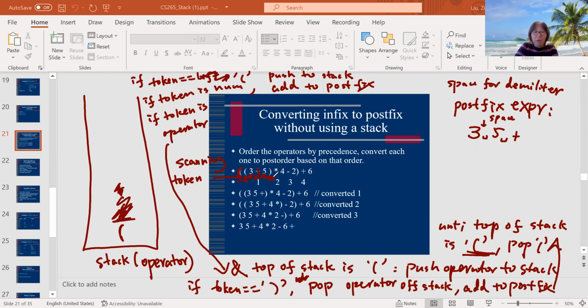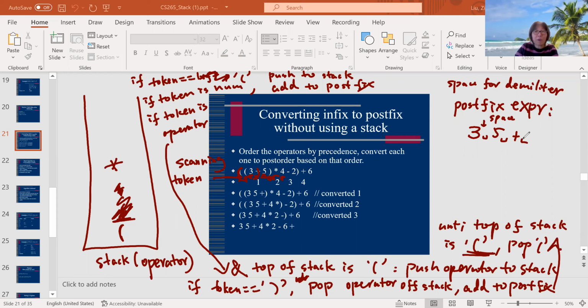The next one is an operator. If it's an operator, what do we do? The top is also a left parenthesis, so then we need to push it to the stack. Next one, 4, is a number.